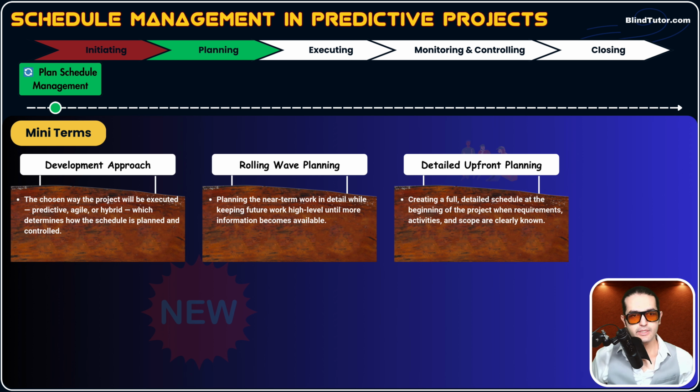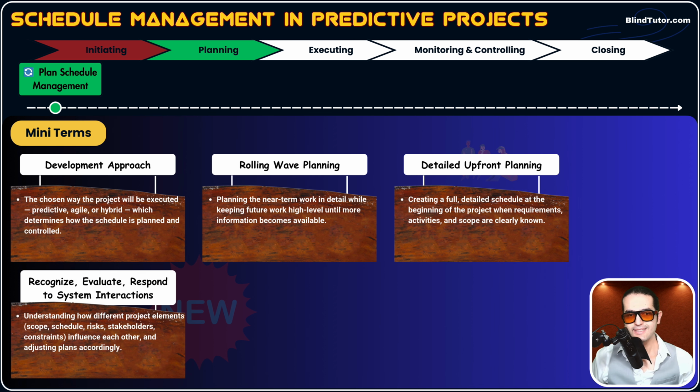The next one is recognize, evaluate, respond to system interactions. This is one of the principles that are mentioned in the PMBOK 7th edition. So guys, we know system interaction, okay? A change in one part of the project, one piece of the project, affects other pieces of the project too. So recognize, evaluate, respond to system interaction means understanding how different project elements, parts or pieces like scope, schedule, risk, stakeholders, cost influence each other and adjusting plans accordingly.